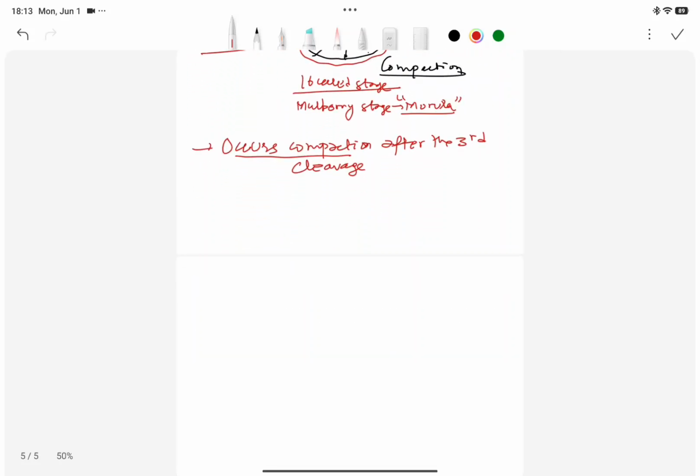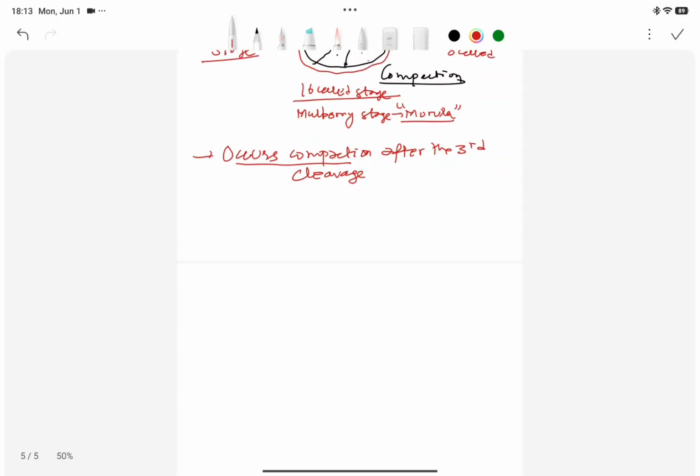After the 32-cell stage, the embryo, the product of cleavage, begins to migrate towards the uterus.